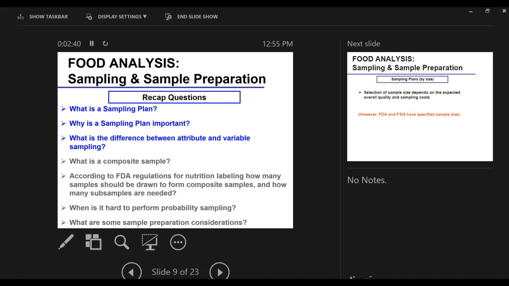So it's not homogeneously distributed in your food. Whereas variable sampling, William? It's normally distributed and usually there. So it's normally distributed, it's there, so you take a small set of samples to determine that variable. Okay.